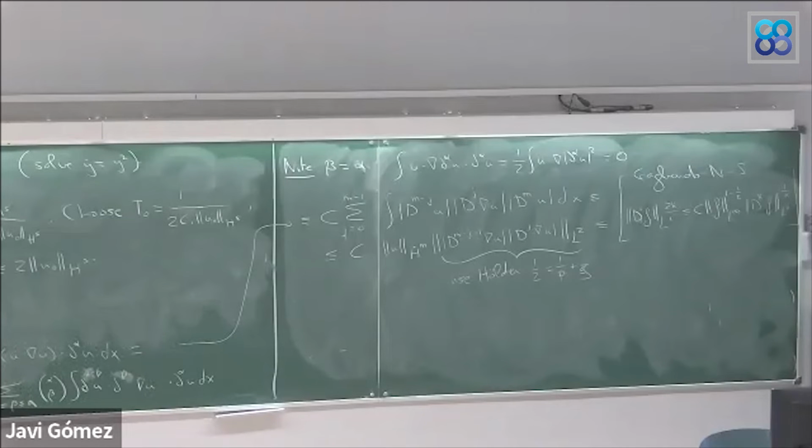Instead of gradient of u in L infinity, which is also true, but I don't know how to prove it right now, I will use this polynomial, which is weaker, but it's enough because this is also less than the embedding in this case.